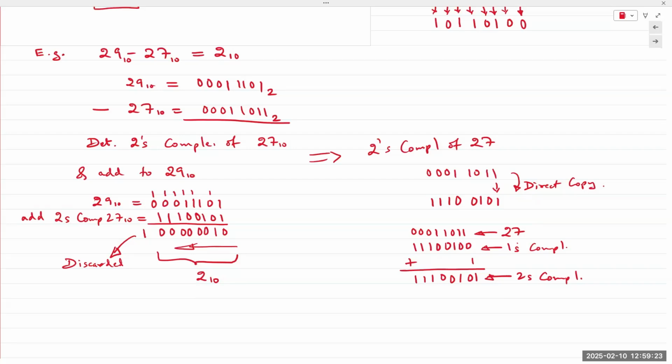Zeros get converted to 1, ones get converted to 0. Then we have the twos complement, where we add 1 to the least significant bit of the ones complement. There are 2 ways to find the twos complement. Once you have the twos complement, you simply add it to 29. The result is basically a subtraction of 27 from 29.